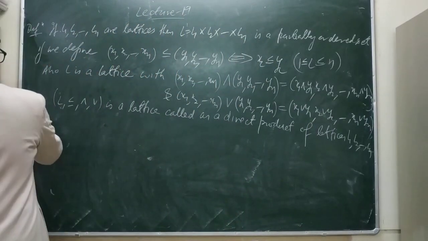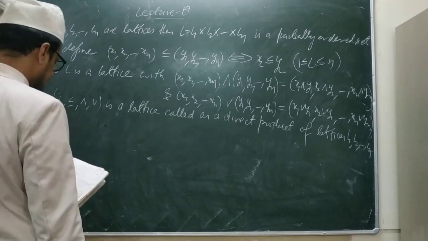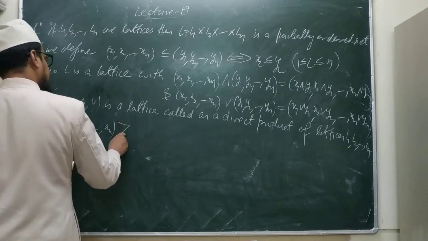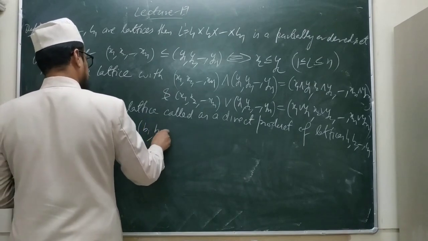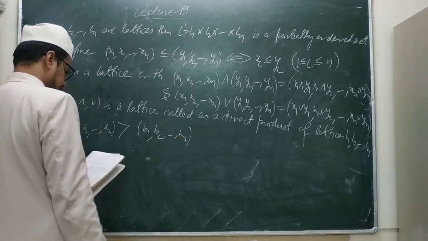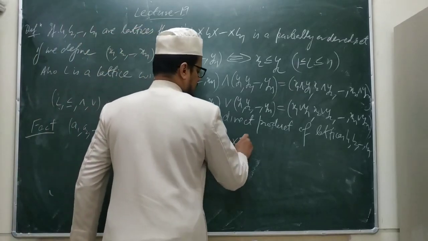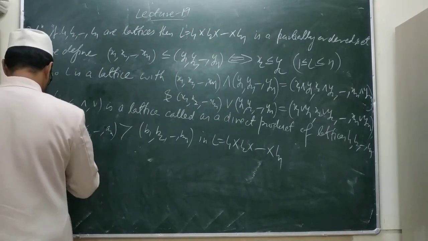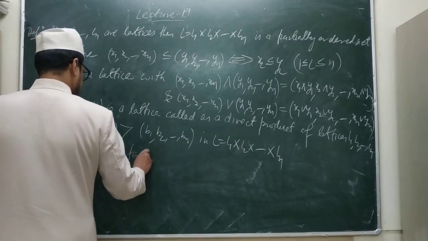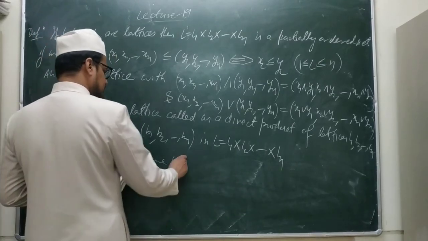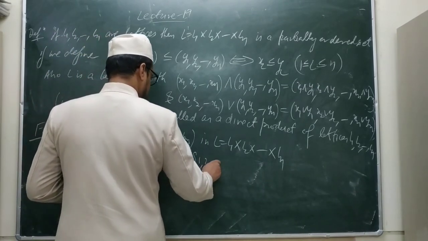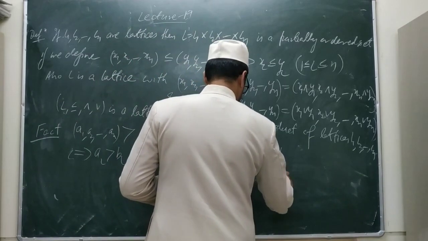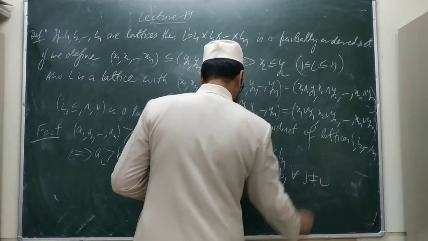Now, the fact is that (A1, A2, ..., An) covers (B1, B2, ..., Bn) in L, which is equal to L1 cross L2 cross ... cross Ln, the direct product of lattices, if and only if Ai covers Bi for some i in the set 1 to n, and Aj is equal to Bj for every j not equal to i.